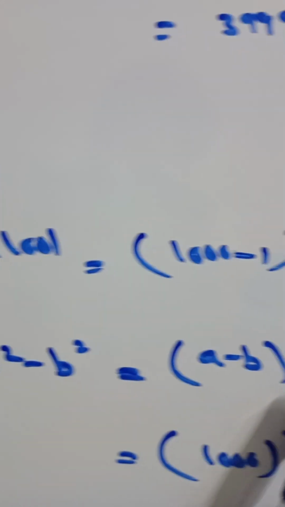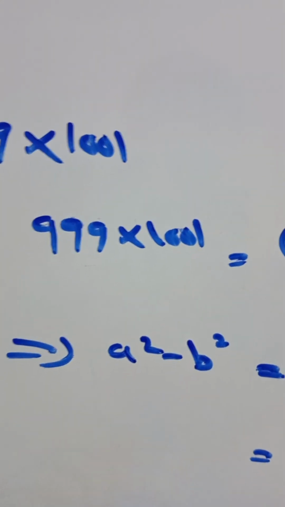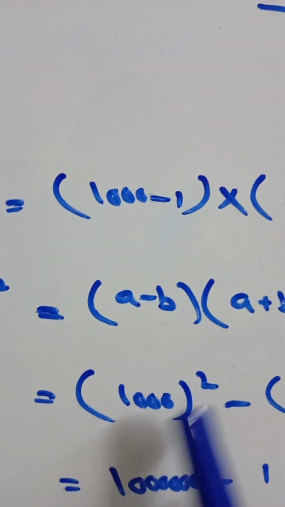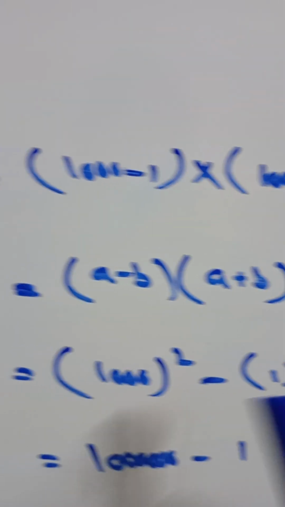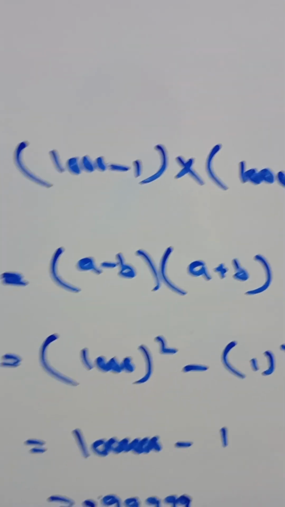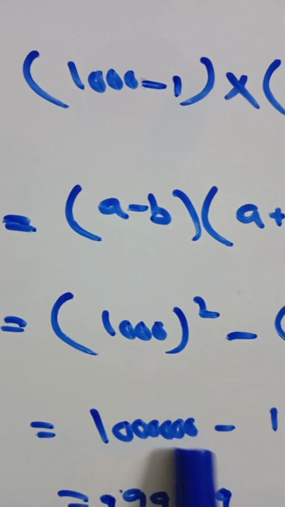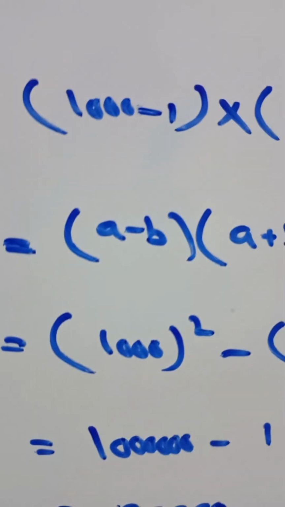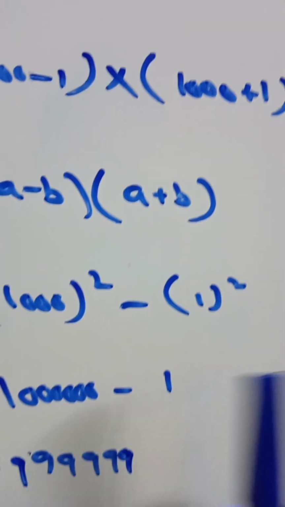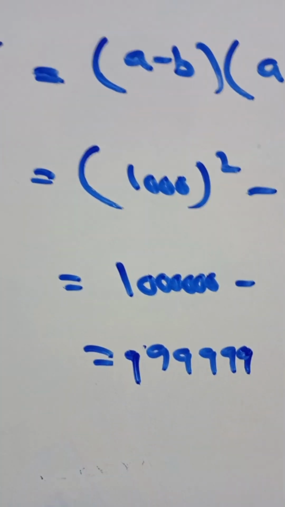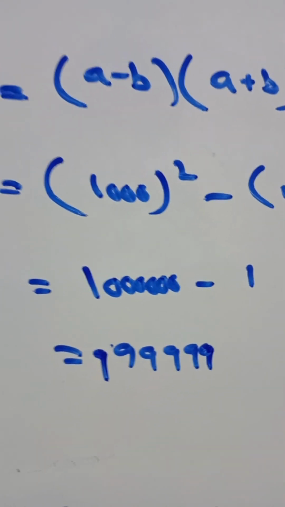Now we will convert it into the left hand side, a square minus b square. It becomes 1000 square minus 1 square. Now 1000 multiplied by 1000, the answer is 1 with 6 zeros. Minus 1 square means 1. So the answer is 999999. You can easily solve it on your own.